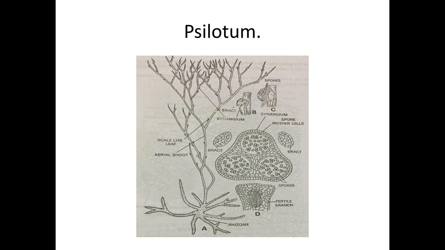Then the leaves are scale-like, and such type of leaf is known as microphyllous type of leaf, and leaf is without midrib. Then the spore producing organ is present in the axil of the leaf, at the top of the plant body or at the apices of Psilotum. Now this plant.